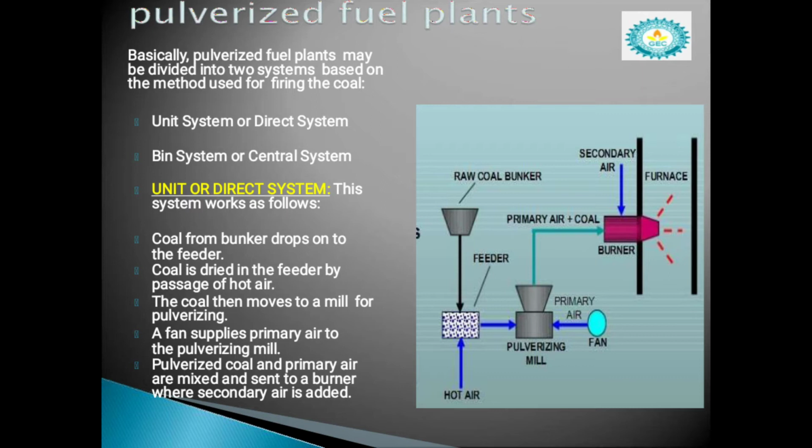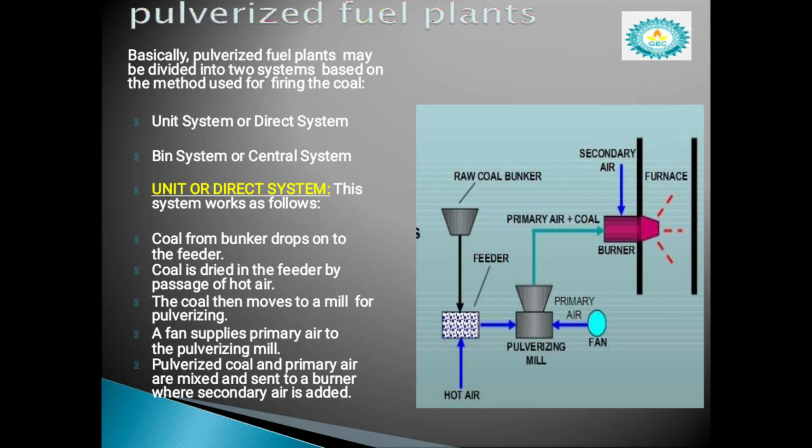In the unit system, each burner or a group of burners and pulverizers constitute the unit. The crushed coal is fed to the pulverizer through a feeder at a variable rate governed by the combustion requirements of the furnace and the steam generating rate required in the boiler.